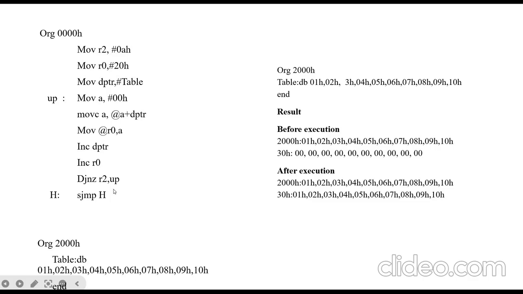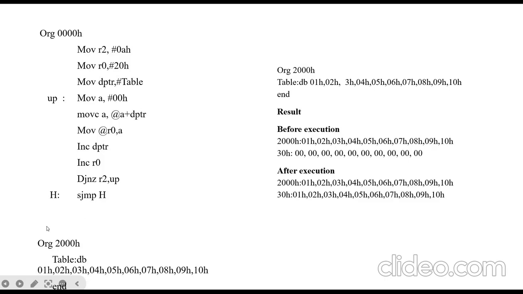If r2 is not 0, it will jump back to the label up, and this creates a loop that repeats 10 times, because we have loaded r2 with 0ah. And the last instruction is sjmp h. So here this is the infinite loop. Once the program finishes transferring all the 10 table values, it will enter this loop and halt.